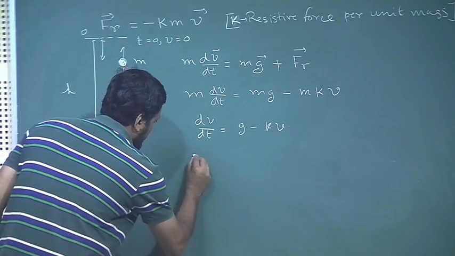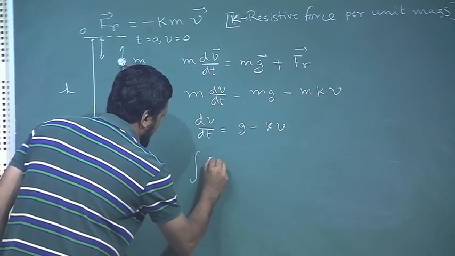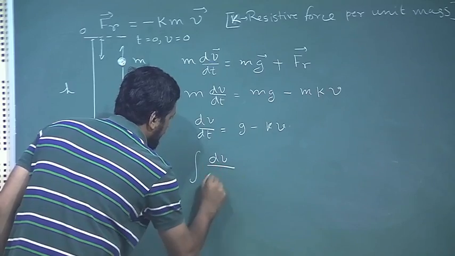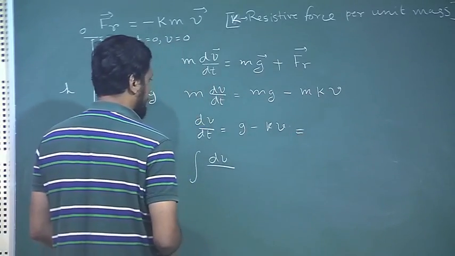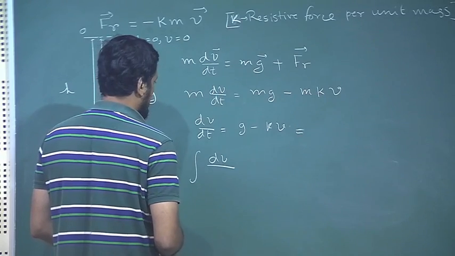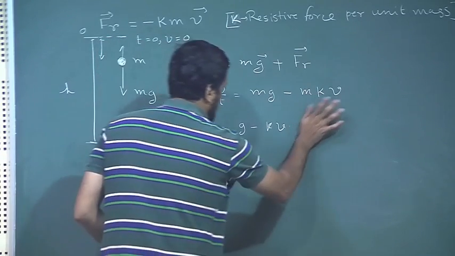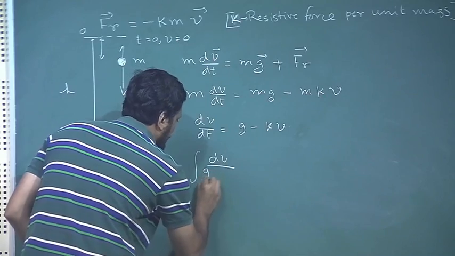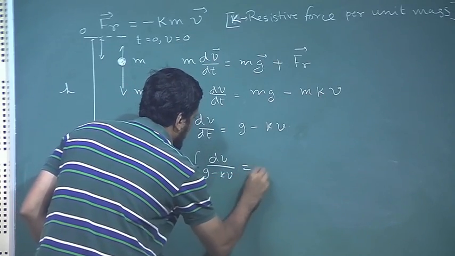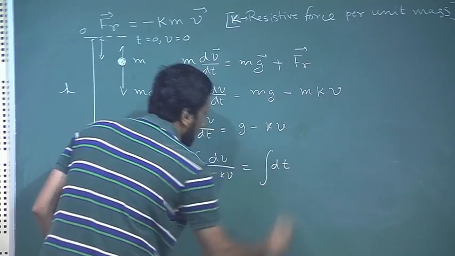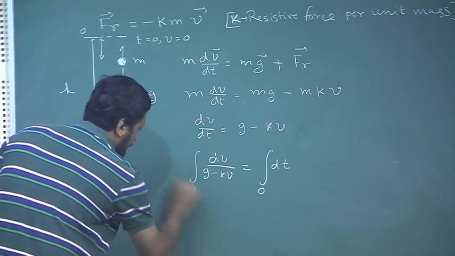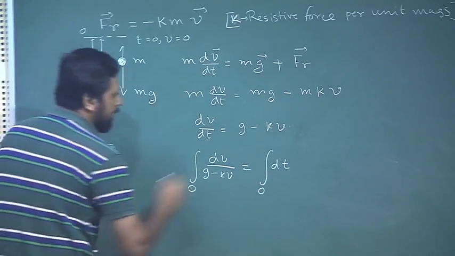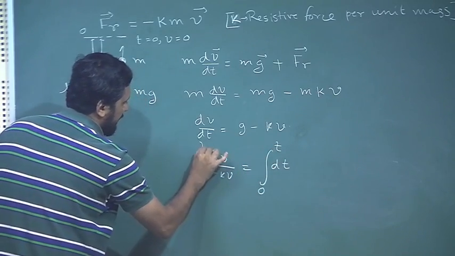So, if we integrate, we simply have dv by g minus kv, and this will be the integration of dt. Your integration limit at time t equal to 0, your velocity equal to 0, and at arbitrary time t, your velocity is v.